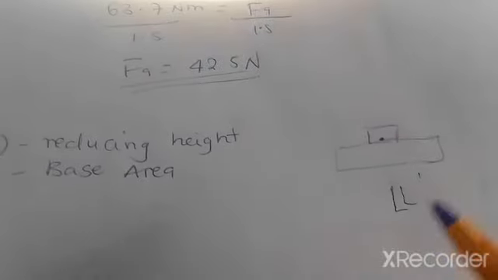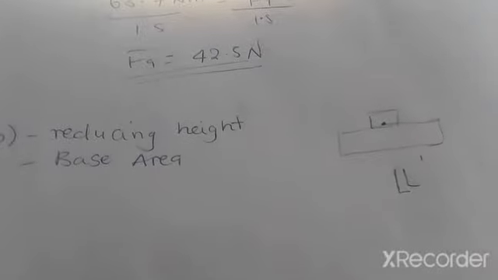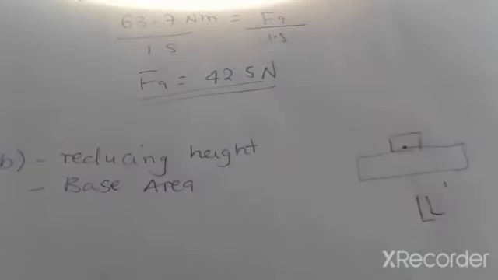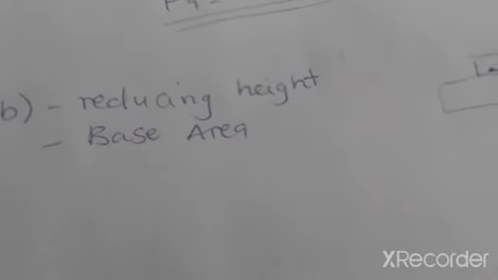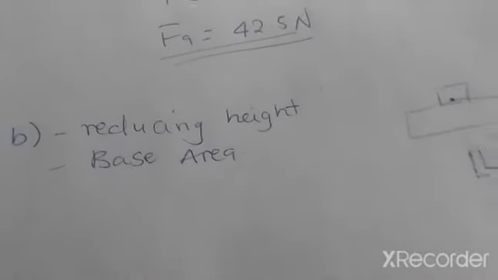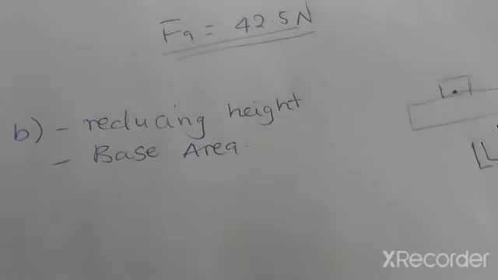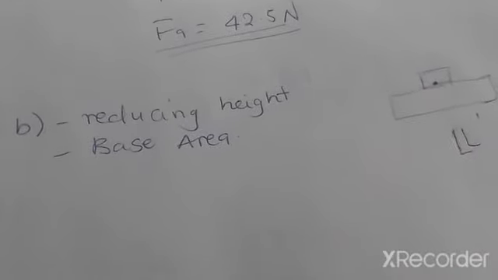With the feet close, like in part A, the person is stable, but they will be more stable if their feet are more apart, because they cover a greater base area compared to when the feet were close.